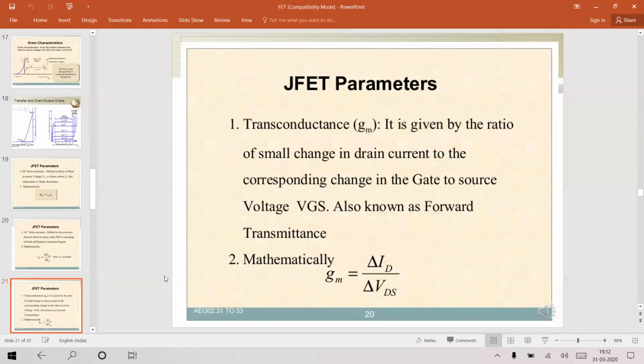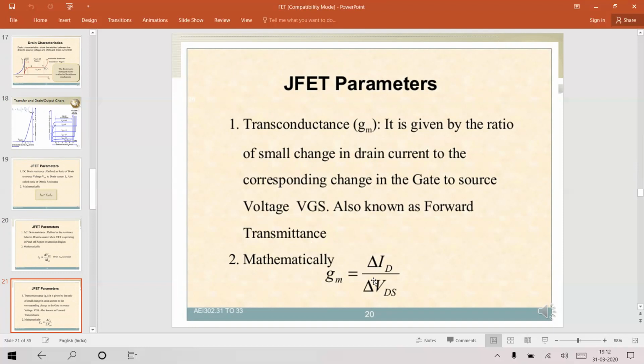So the next important parameter is transconductance. I said in the beginning, transconductance decides the response of the FET, JFET. So this is a change in drain current with change in, this is not a correct one. Transconductance here is the change in drain current with change in VGS.